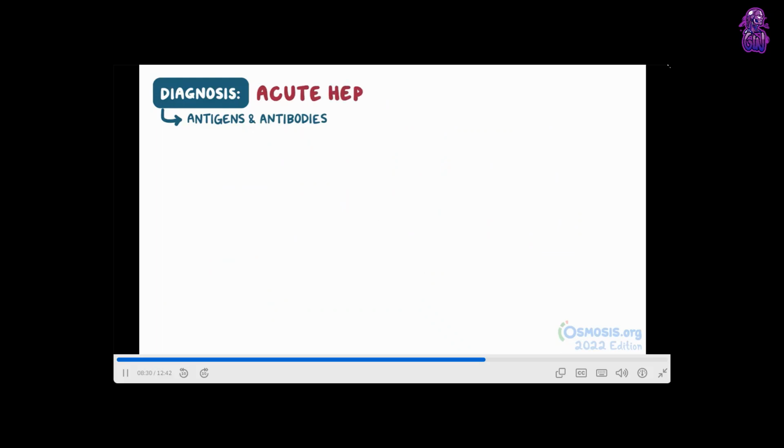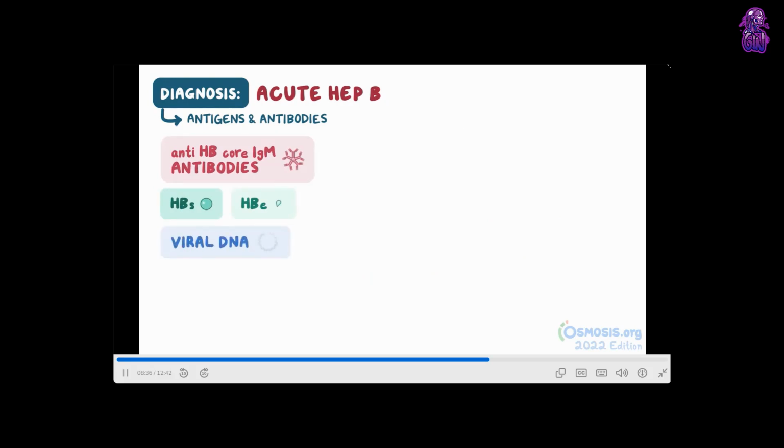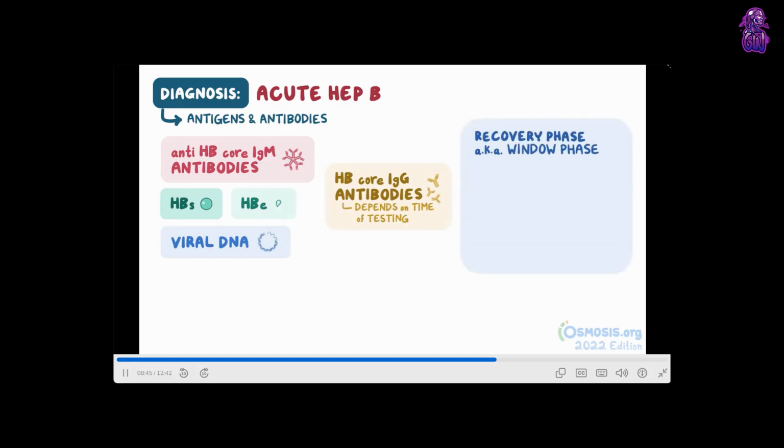Now, in acute hepatitis B infection, anti-HB core IgM, HBs antigen, HBe antigen, and viral DNA can be found. HB core IgG is usually present, depending on the time of testing. In the recovery phase, also called the window phase, only anti-HB core IgM and anti-HBe antibodies can be detected.